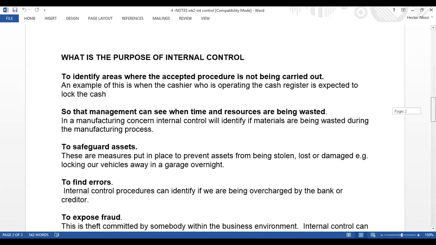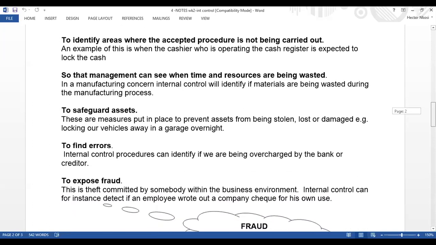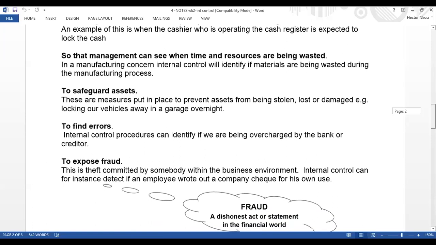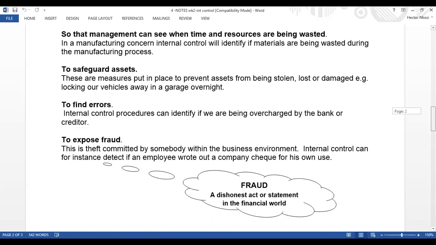If you are a business, obviously, these are the purposes of internal controls. For businesses, guys, because remember, we are doing accounting. So we need to relate everything to businesses.